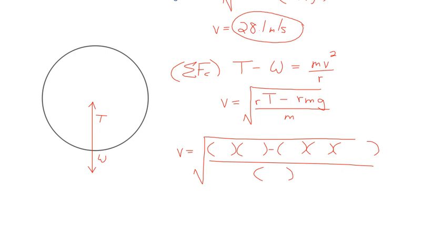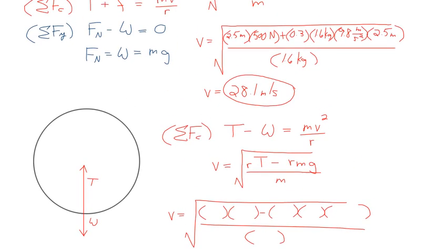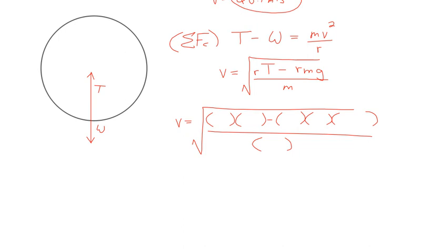And we put in the numbers. The r, I forget what was the r. The r was 2.5 meters. So that's going to go there, and that's going to go there. The T was 500.